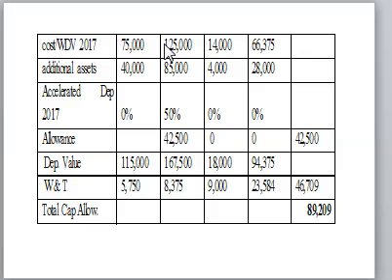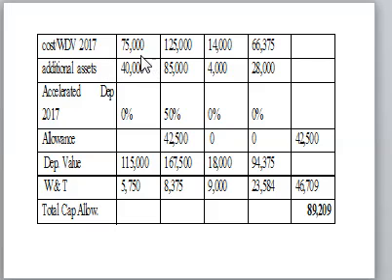But when it comes to these other assets which we depreciate in a pool, we said you recognize the written down value. That is the net book value of the asset at the beginning of the year. So for computer and accessories, this is the net book value, and for other assets, this is the net book value. Then we recognize additional assets.